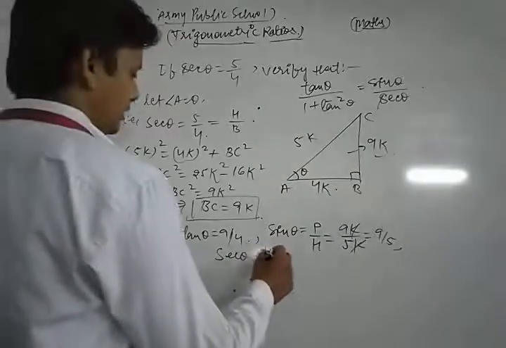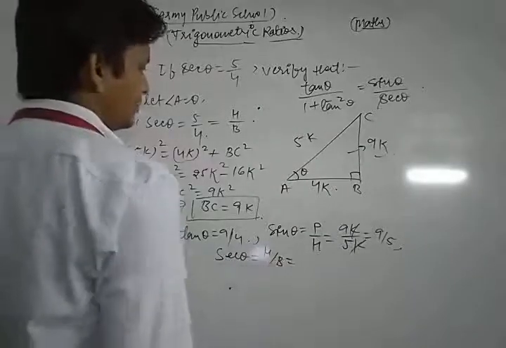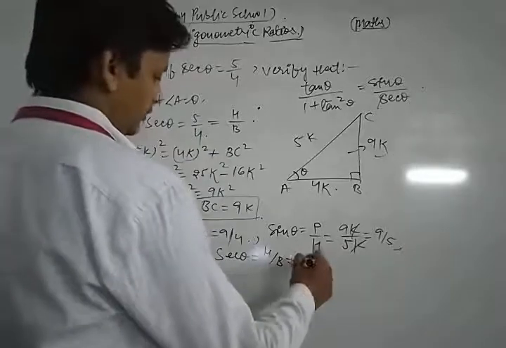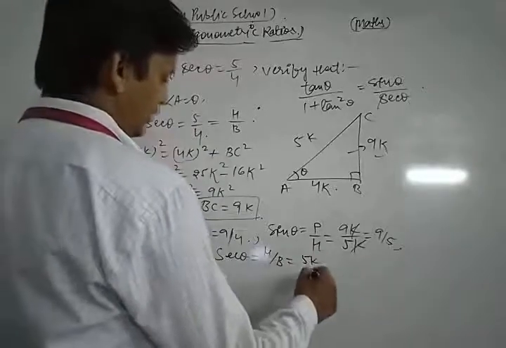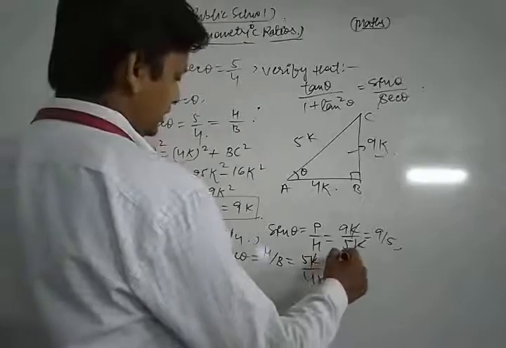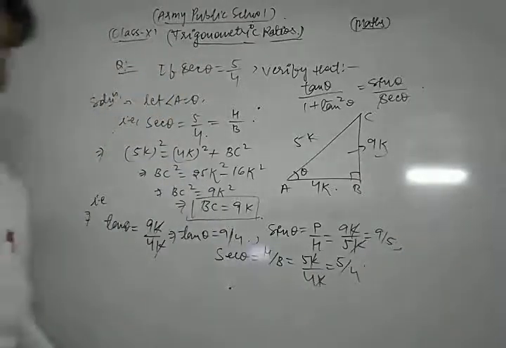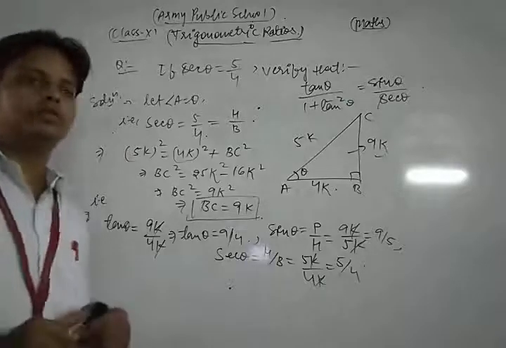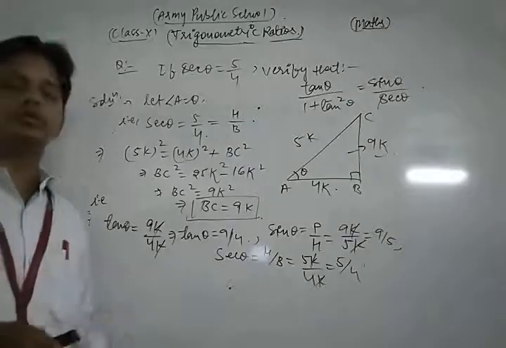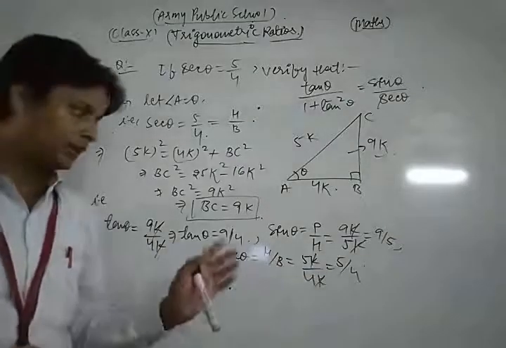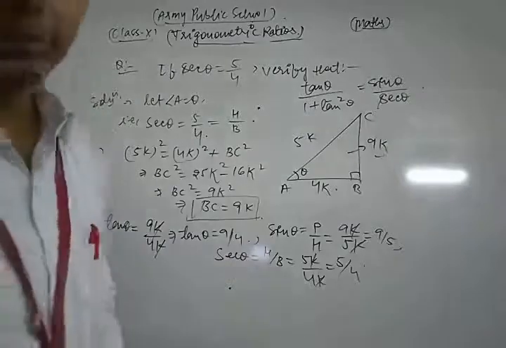Hypotenuse upon base. Hypotenuse is 5k and base is 4k. K cancel to each other, that is 5 upon 4. So in this way, first of all, we find all the required values of the trigonometric ratios.